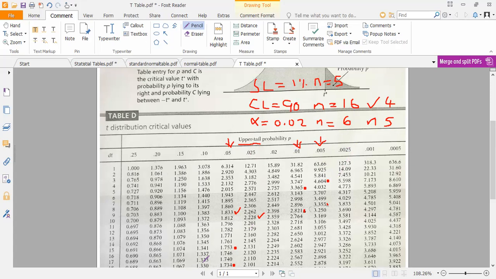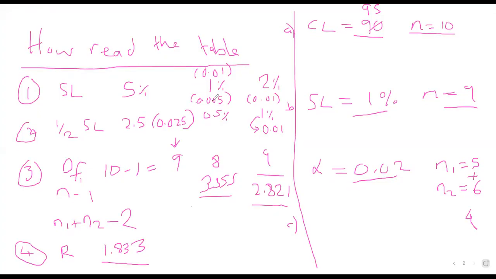Now, having learned how to read the t table, the examiner will ask you to find the confidence interval and the hypothesis. So under estimation, we're now able to use that knowledge to calculate the confidence interval.